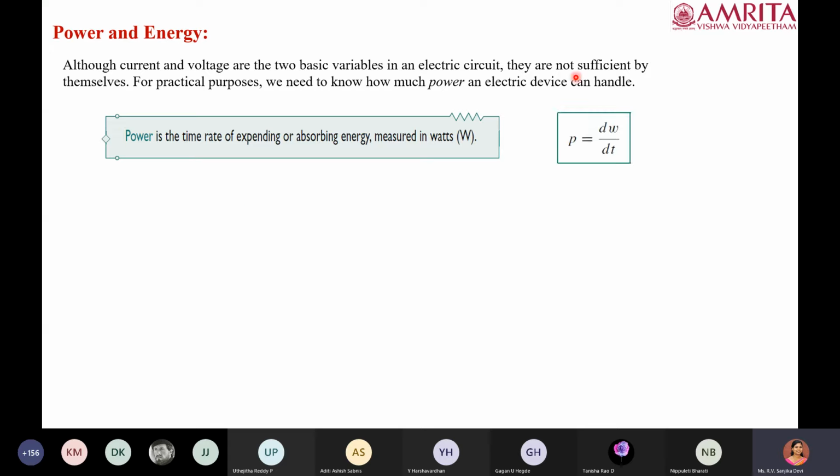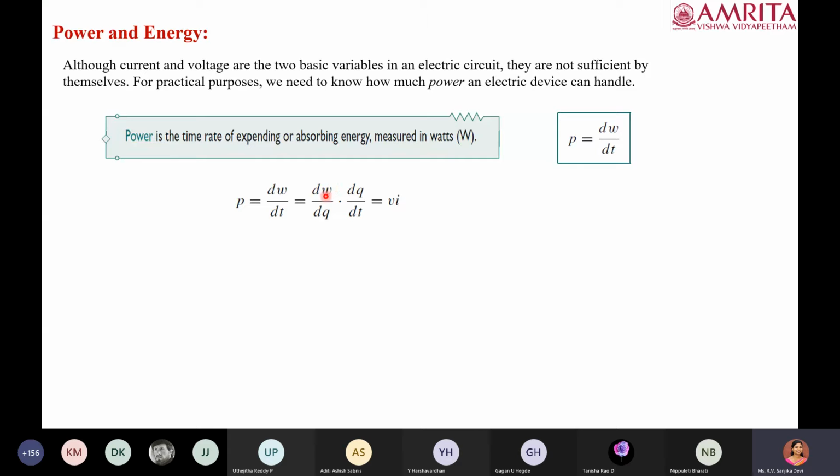As per the definition, mathematically it can be represented as the rate of change of energy with respect to time, which is nothing but power. So mathematically it is dW by dt, and this dW by dt can be split up and written as dW by dq into dq by dt.